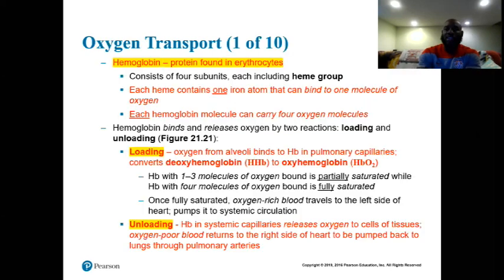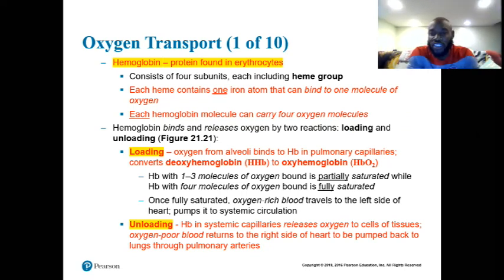So what do we have here? Hemoglobin, a protein found in erythrocytes, red blood cells. They have 4 subunits, which each include a heme group. Each heme contains 1 iron that can bind to 1 molecule of oxygen, right?